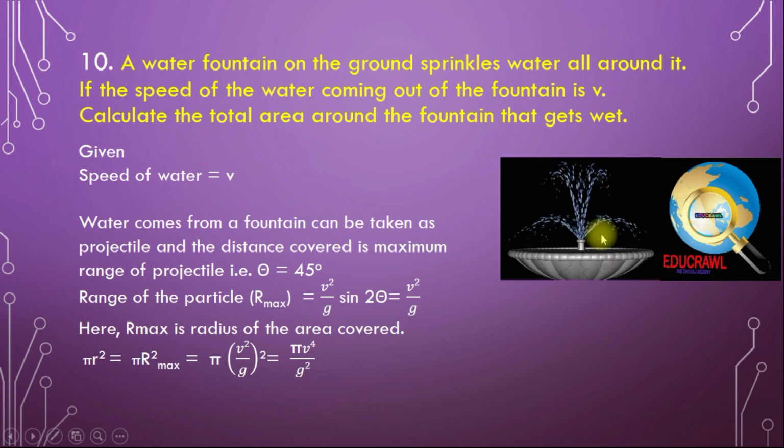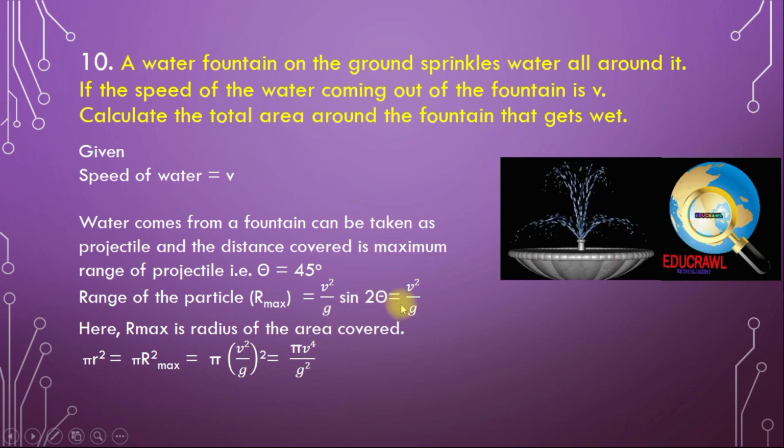In the projectile derivation, we would have found the expression for maximum horizontal range. So the maximum horizontal range will be the maximum area which this water fountain covers. Water comes from a fountain, you can take this as a projectile and the distance covered is the maximum range. We know the formula: maximum range is equal to V squared by g times sine 2 theta.